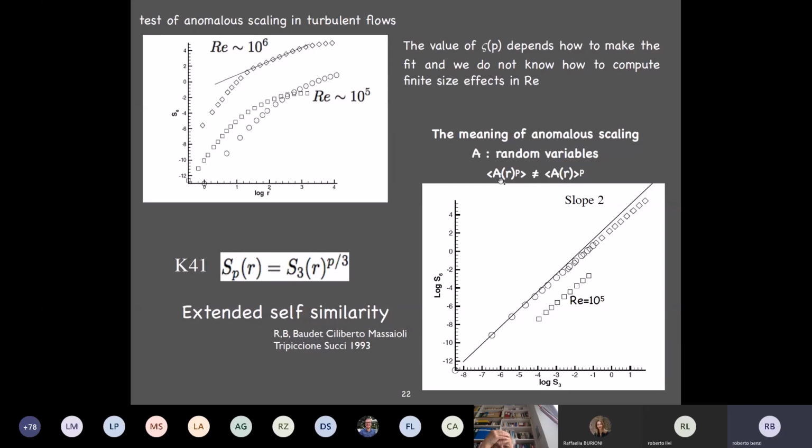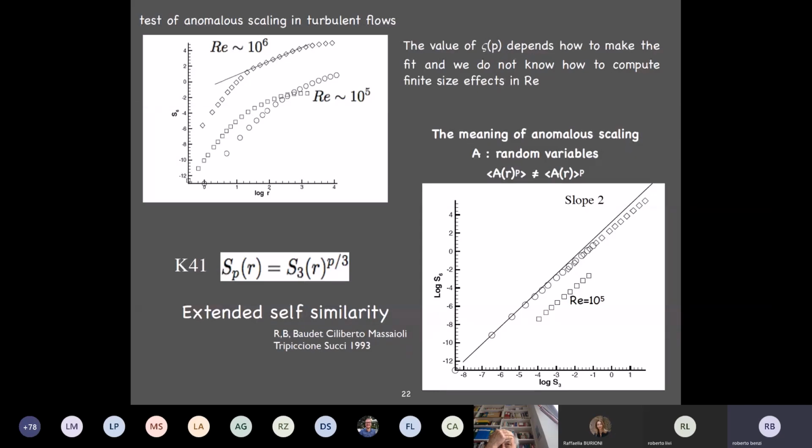In other words, if you have anomalous scaling, you must see a difference between the scaling behavior of these two quantities. Now, in the case of turbulence, what we can do is to use the third-order structure function. That is to say, the quantity that Kolmogorov was able to prove to be proportional to r in the limit of very large Reynolds number.